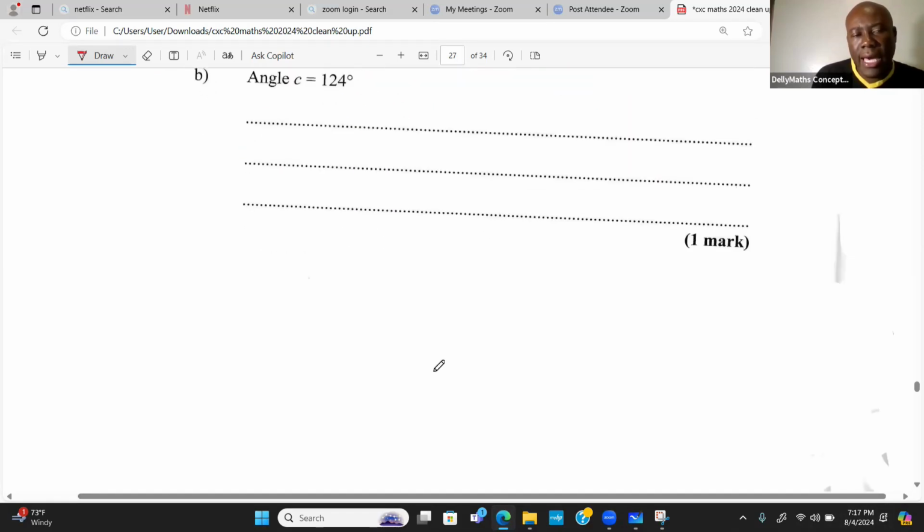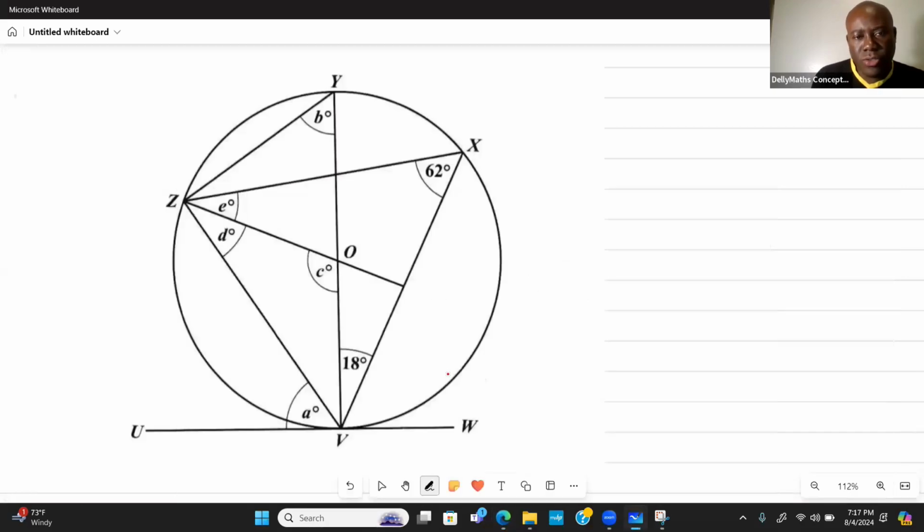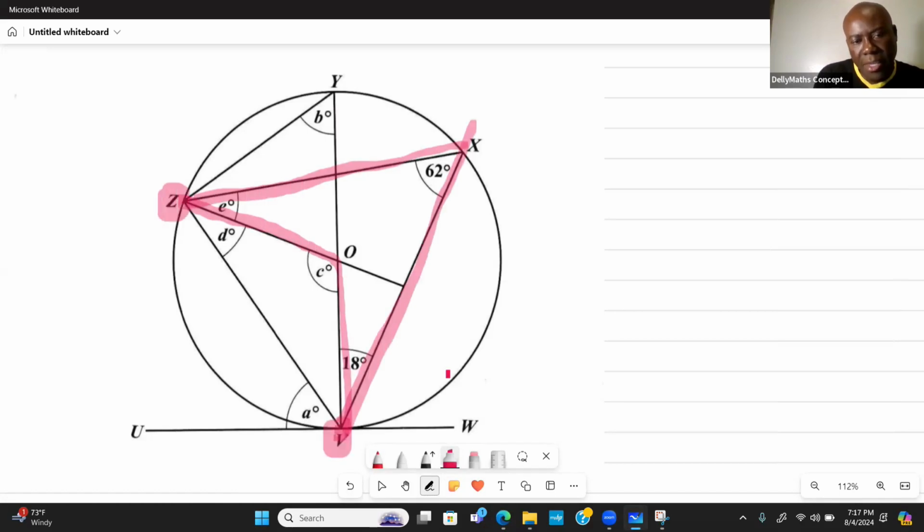Let's look at angle C. Angle C is at the center. This angle at the center was subtended from the chord ZV.